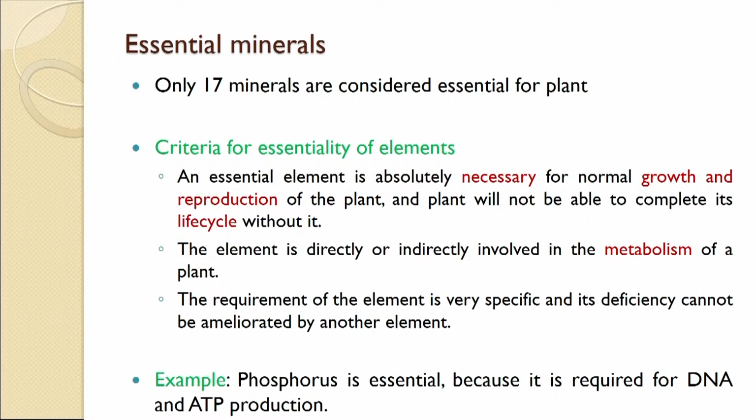The third criterion is that the requirement of the element is very specific and its deficiency cannot be ameliorated by another element. This means that if a particular element is considered essential and it is deficient in the soil, we cannot apply another element in place of that element to recover the plant from the deficiency symptom. In that case we need to provide that element only for the correction of a deficiency symptom.